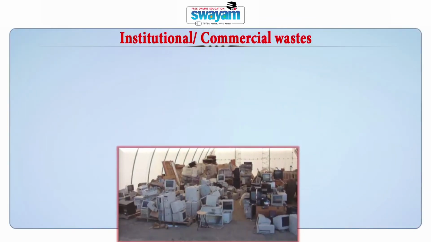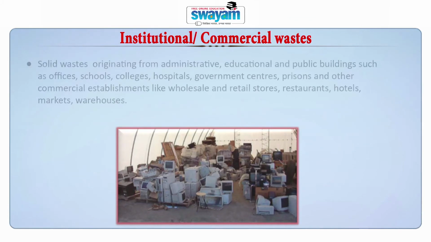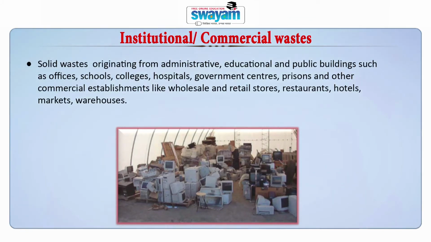Let me come to the institutional and commercial waste. Institutional and commercial wastes are generated from different institutions and different commercial activities, and these include administrative offices, educational institutions like schools, colleges, universities and public buildings such as offices, hospitals, government centers, prisons and other commercial establishments like wholesale and retail stores, restaurants, hotels, markets, warehouses, etc. Agricultural waste.